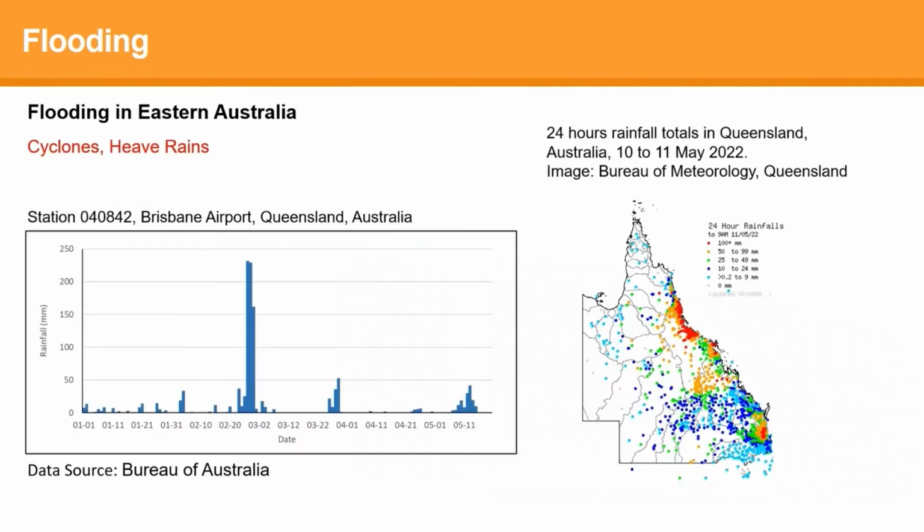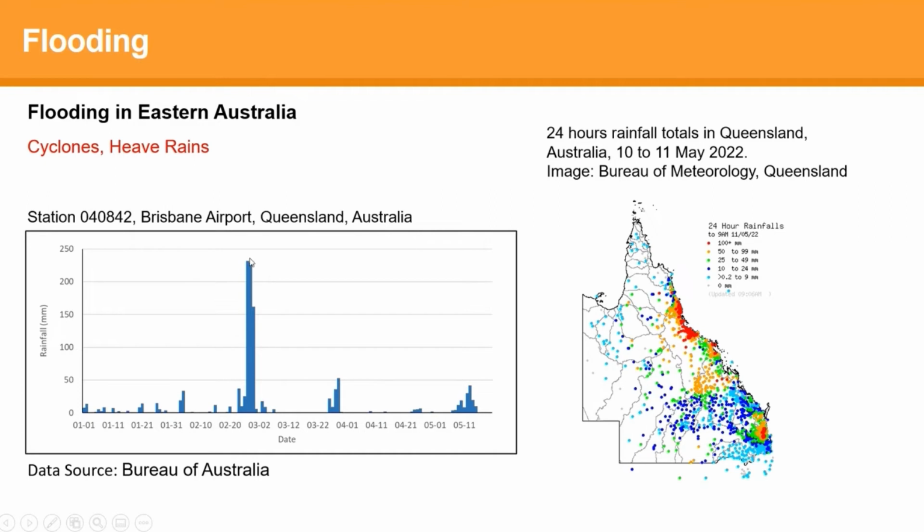But the reason for the flooding in Australia is somehow different. The main reason for the flooding in those coastal areas is hurricanes and very heavy rains. So you check the data here, right? That's also measurement data from their Bureau of Environment in Australia.